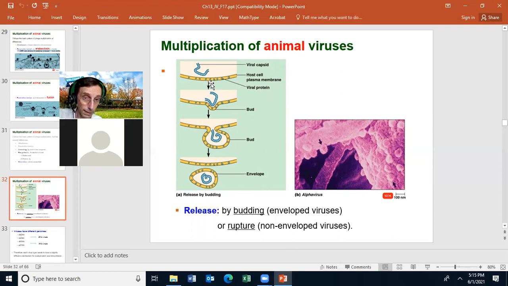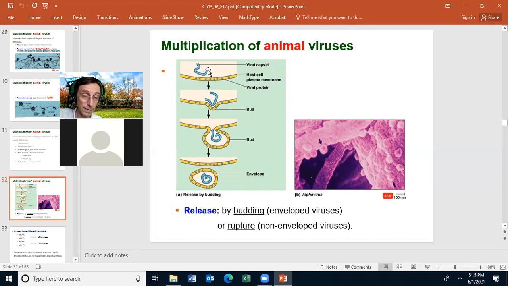What membrane it is depends on the species of virus, and different viruses will gain their envelope from different membranes. I'm thinking most enveloped animal viruses probably gain the envelope from the cell membrane.